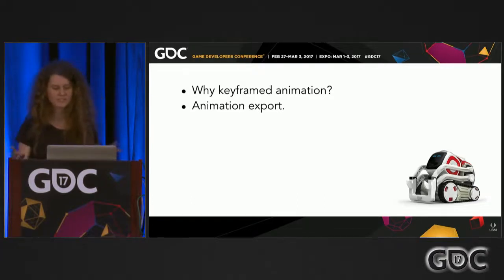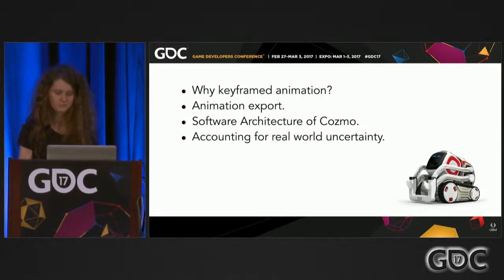We'll talk about how we're exporting animation to a physical robot from a CG software, which in our case is Autodesk Maya, and how our workflow differs from a typical animation or games workflow. We'll describe architectural layers of Cozmo and talk about the relation between gameplay, engine, firmware, and hardware. We'll also talk about how real-world uncertainty comes into play when applying animations to a physical robot. We'll describe the QA process in Cozmo and our experience with the robotics pipeline coming from animation and games industry.